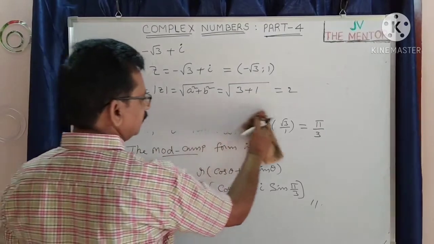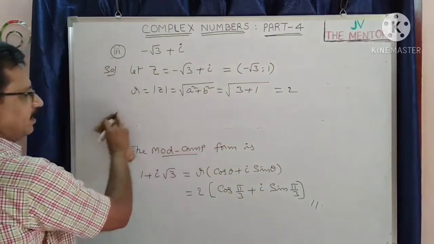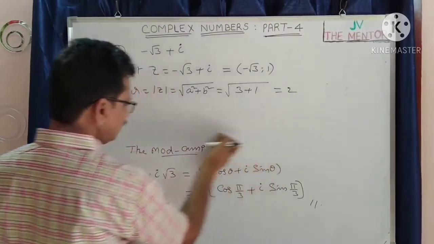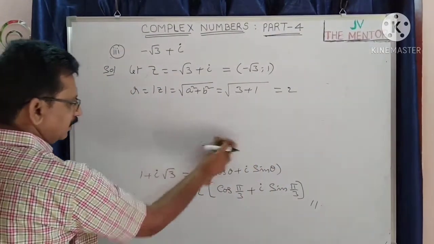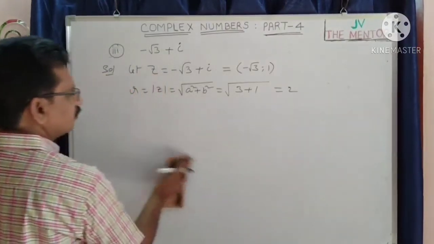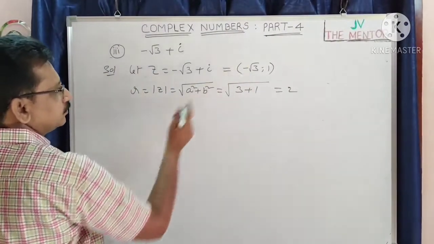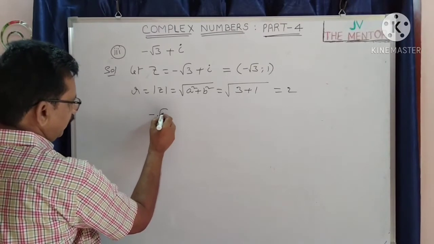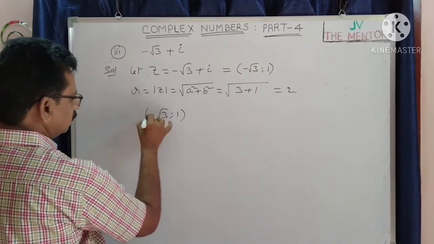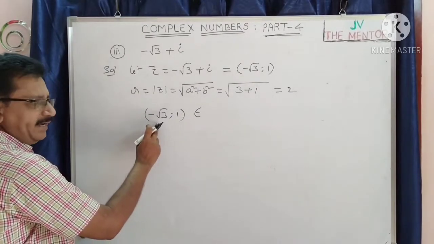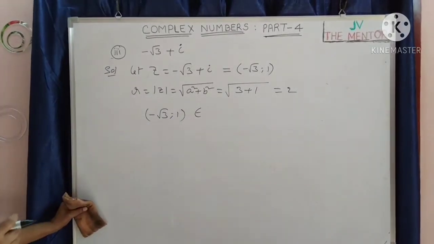Next, now we will find theta. First, theta is in which quadrant? The point minus root 3 comma 1 belongs to minus plus. Minus plus lies in the second quadrant.